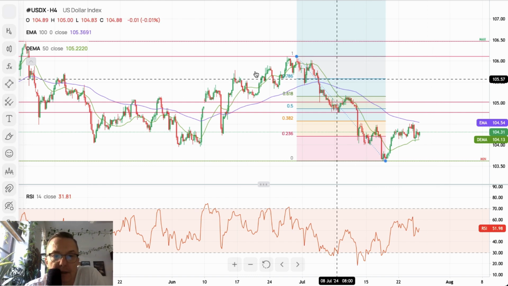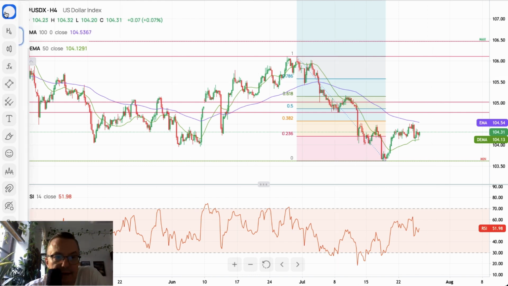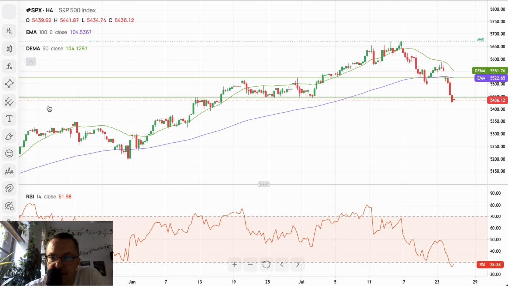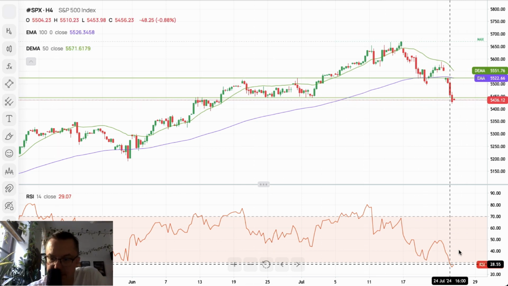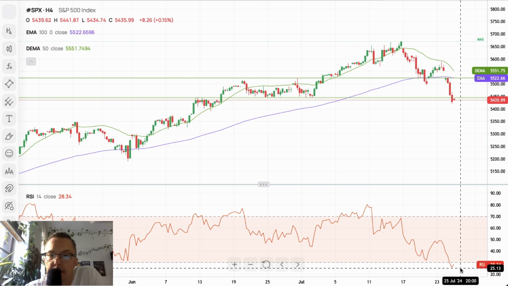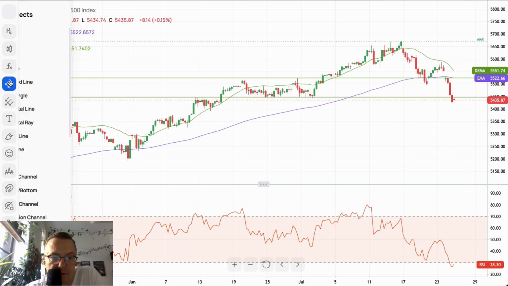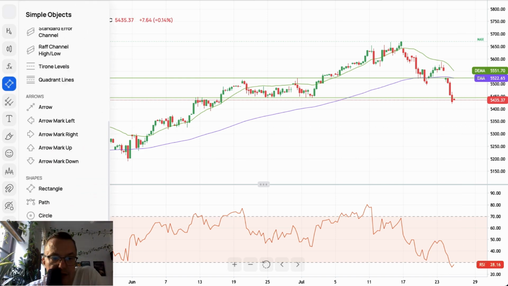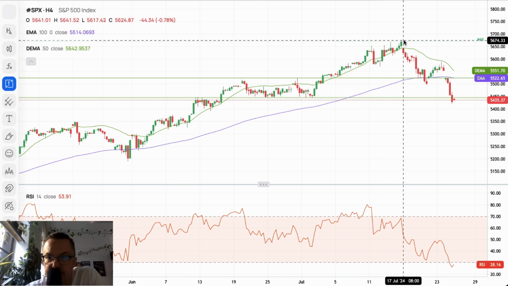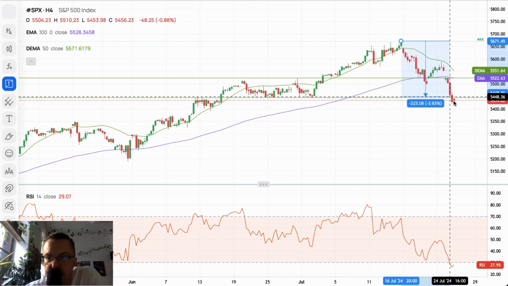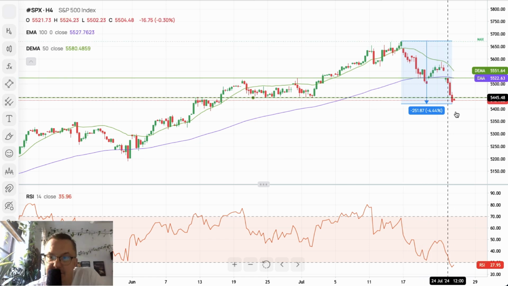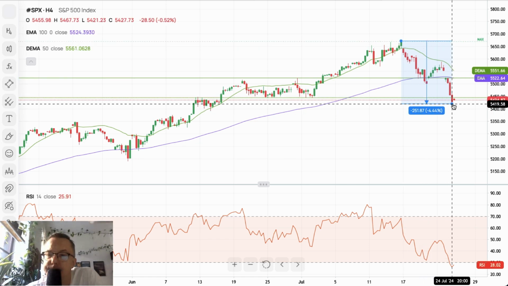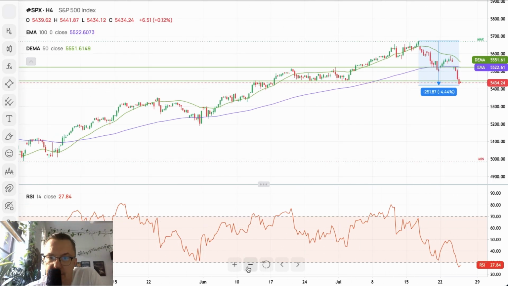All right, so that's the US dollar index, and of course we need to talk about the S&P 500. Why? Because we deteriorate even more towards the extremely oversold conditions. So the recent movement to the downside, let me just take the price range tool, was actually 4.44%. So it's a kind of significant movement to the downside, and it's kind of a big one.